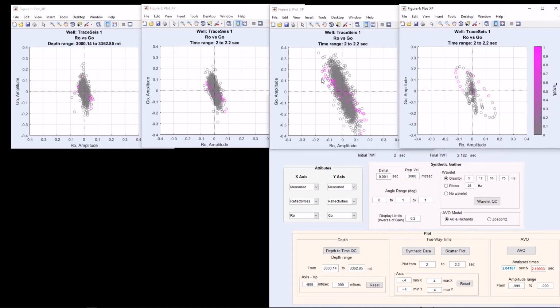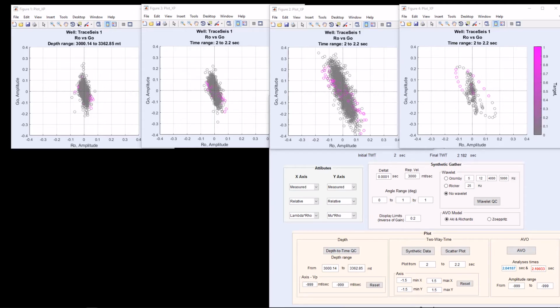So what we see here is that this effect that we see at 1 millisecond with 50 to 75 Hertz as the upper end is mostly due to tuning. It doesn't appear when we have higher frequencies or when we remove the wavelet completely.